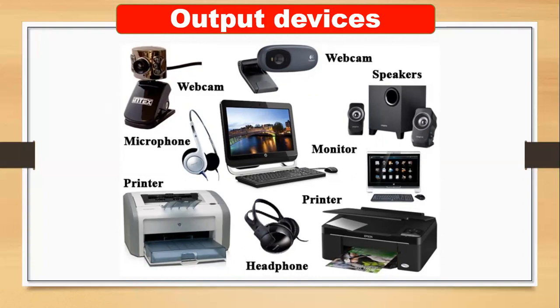And the keyboard is not an output device, right? Because when you write anything on the keyboard, the text goes inside the computer. So the keyboard will be an input device. Microphone and keyboard are input devices. What about the scanner?